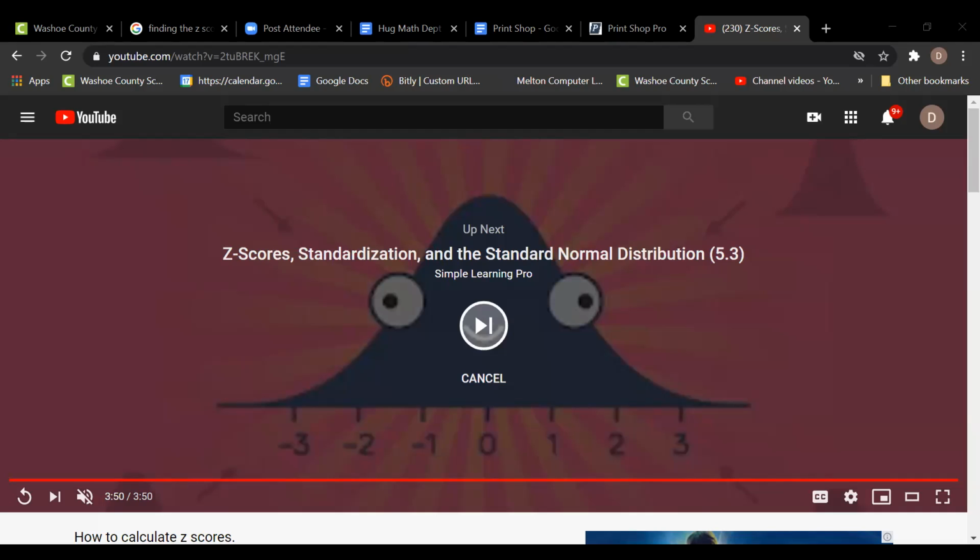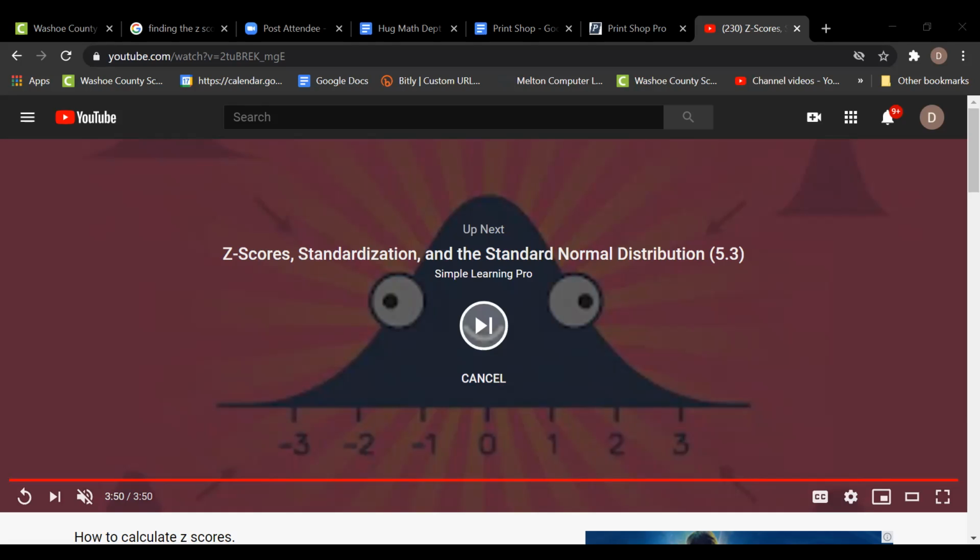All right, so for number 3, I'll actually go over this one with you guys. It says the women's heights have a mean of 63.6 and a standard deviation of 2.5. Find the z-score that corresponds with a woman's height that is 70.